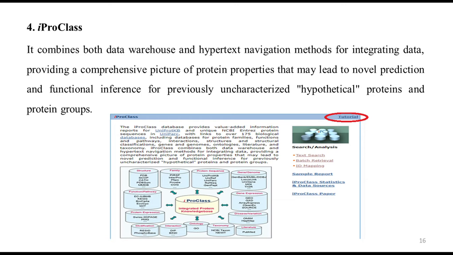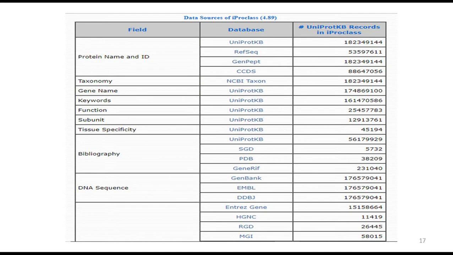When you click on iProClass statistics and data sources, a table will appear which will look like this. This is the data sources of iProClass. It shows protein name and ID, taxonomy, gene name, keywords, function, subunit, tissue specificity, bibliography, DNA sequence, and so on.